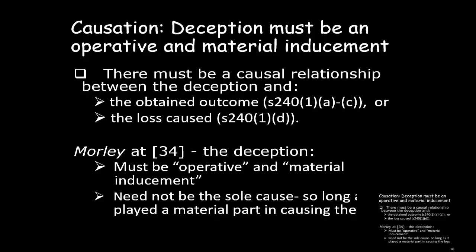And the court said this suspicion did not negate the link between the deception and the obtaining. Okay, even if they granted a shorter licence so they could investigate, there was still a causative link. It still played a material part in then obtaining the licence.